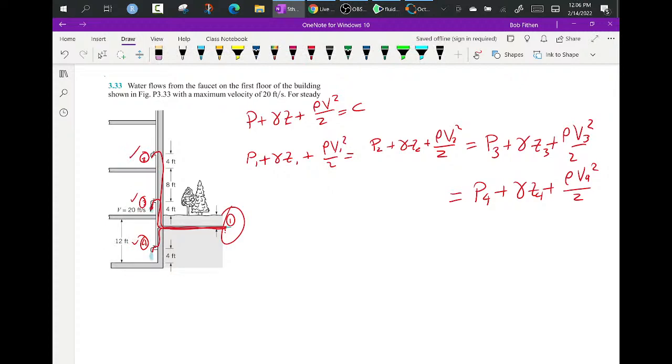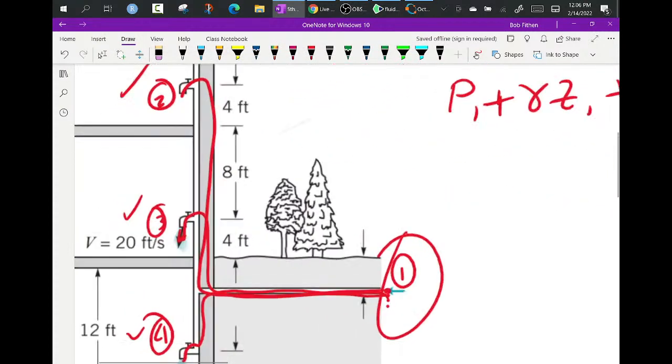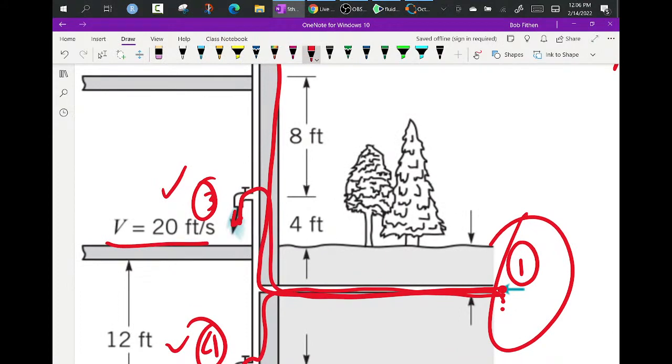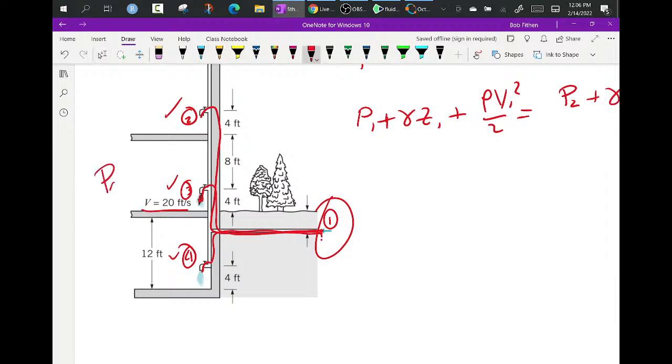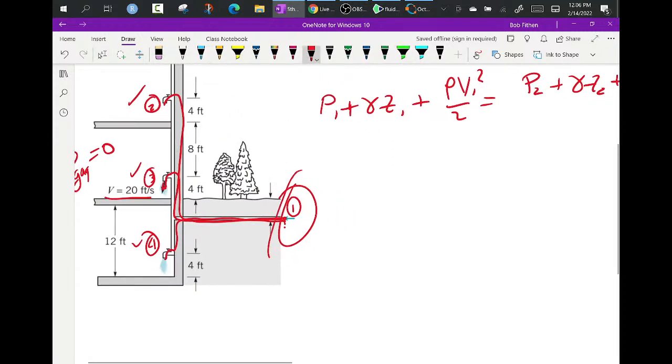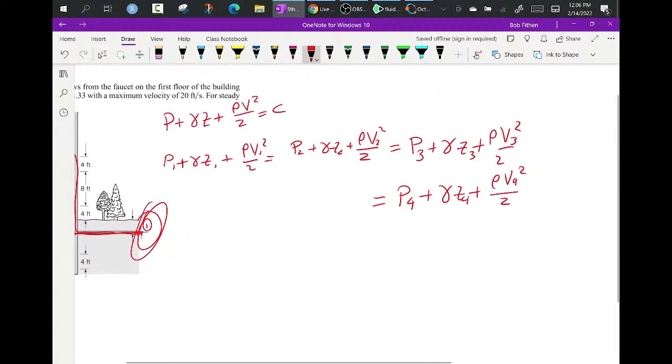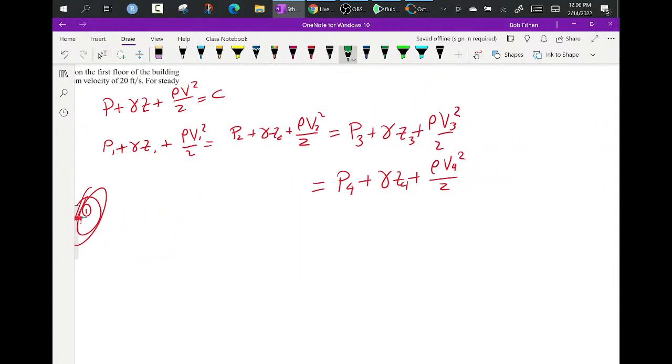Now, let's identify a couple things. I know when you open the faucets, you can basically say the gauge pressure P is equal to 0. Now, I can't say that about 1, but I can say that about 2, 3, and 4. But I can go back over here, say, that is weird.